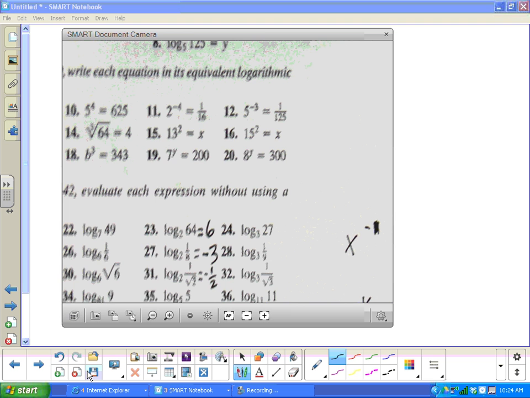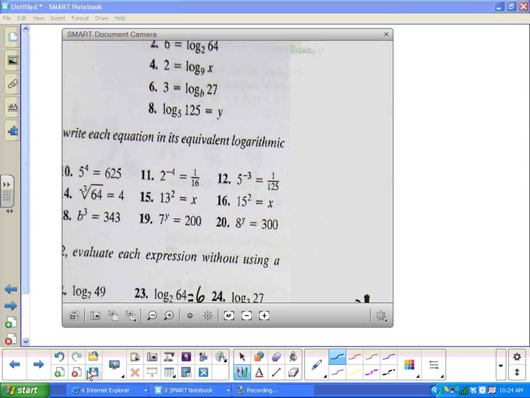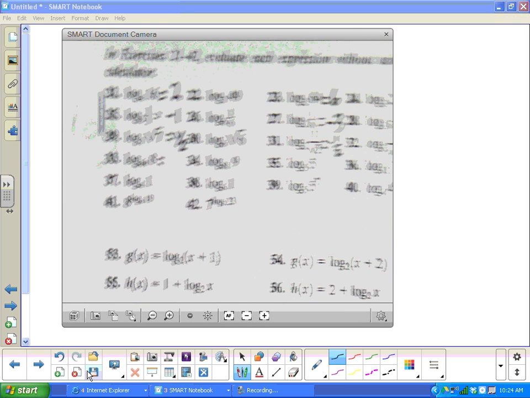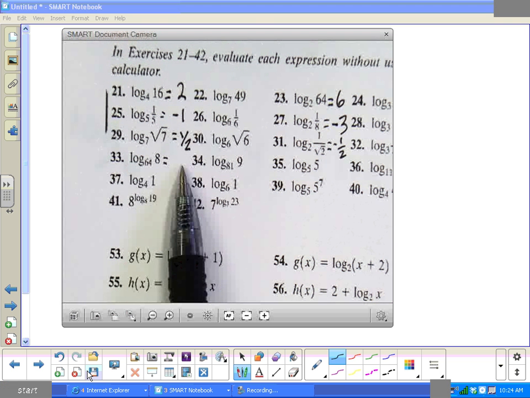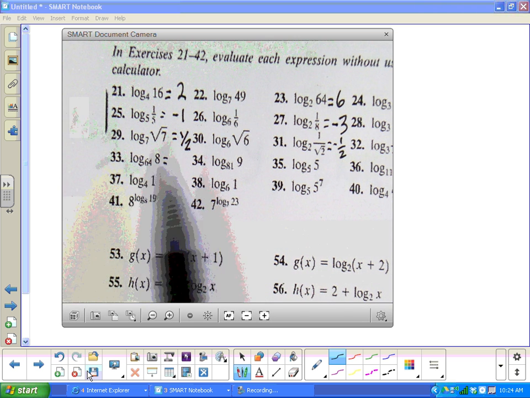Okay? Now, let's look at 33. All right. We'd ask ourselves here, 64 raised to what power would give me 8? Well, that's kind of confusing, but think about it, you could take the square root of 64 and that gives you 8, right?